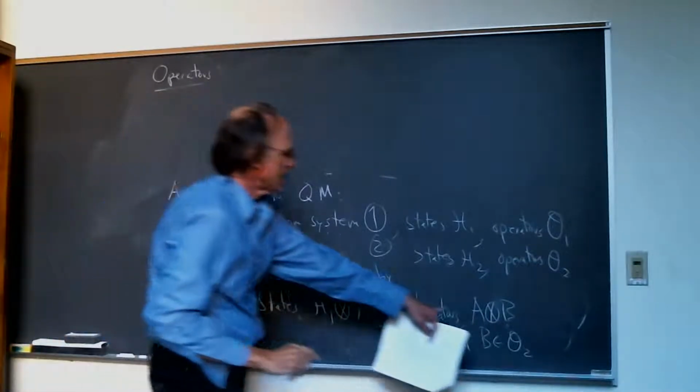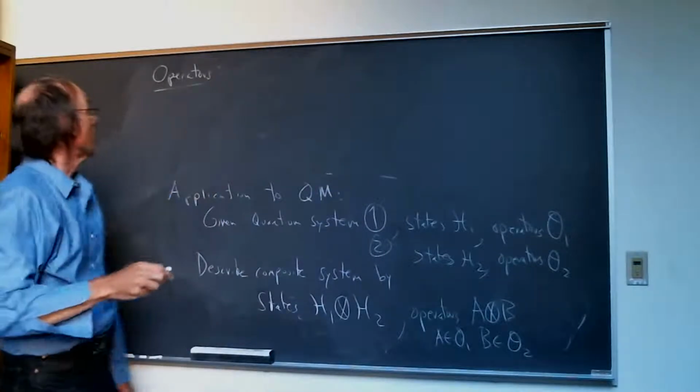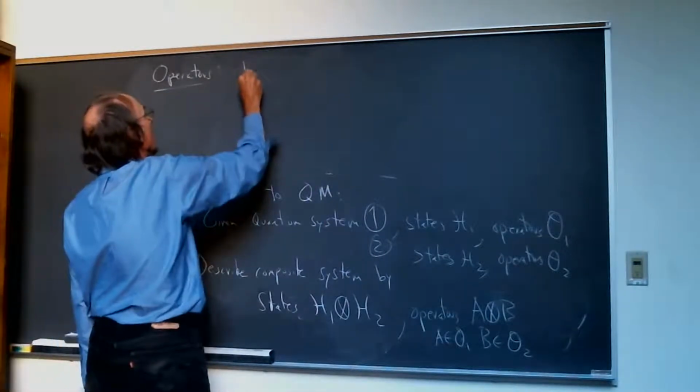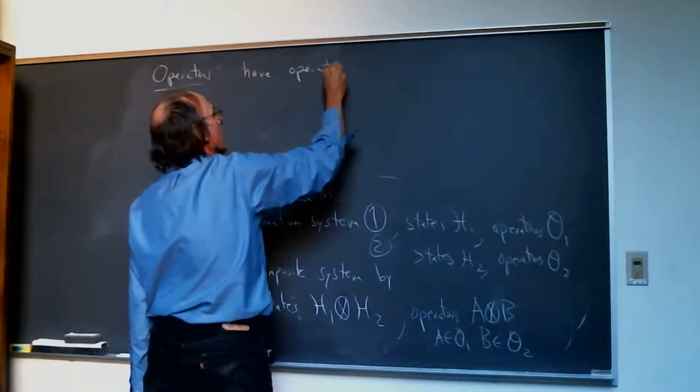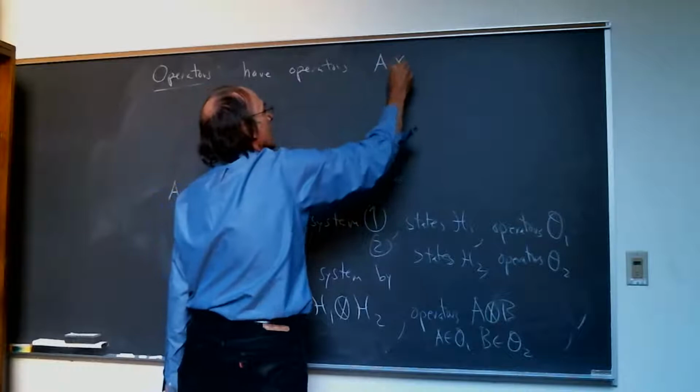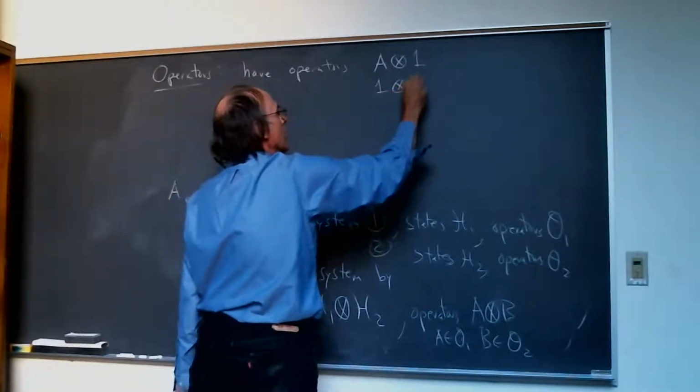Inside the operators here, one operator you always have is the identity operator. So you have operators A tensor the identity and the identity tensor B.